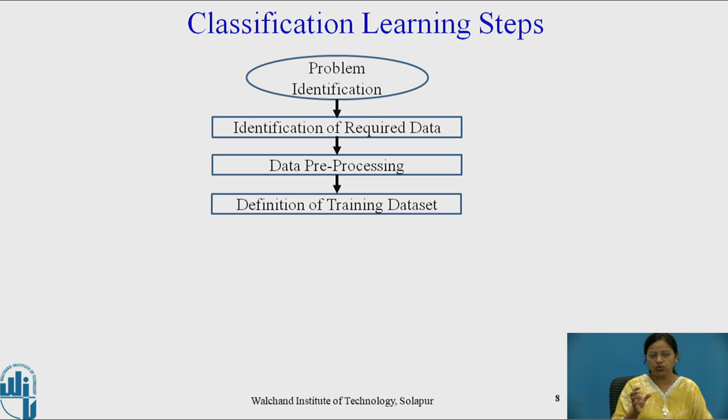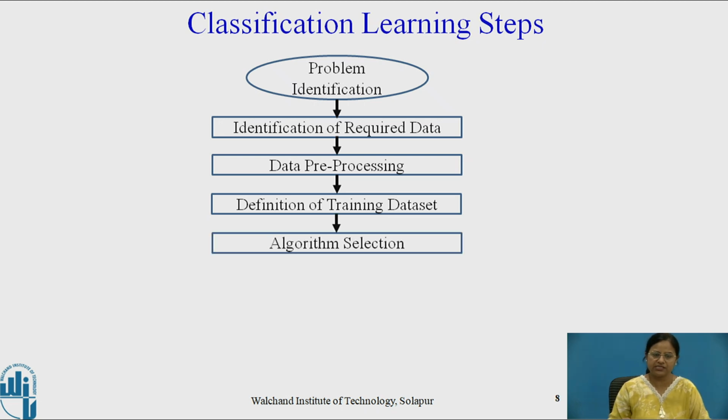Once you get your data set, you need to identify which data you are going to use for training and which data for testing. Basically in machine learning, the data is divided into 80% training and 20% testing, or 75% training and 25% testing. Define which part of the data you are going to provide for the training phase.